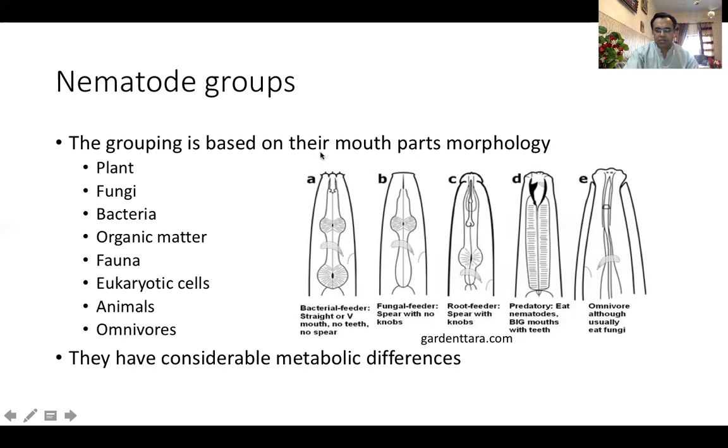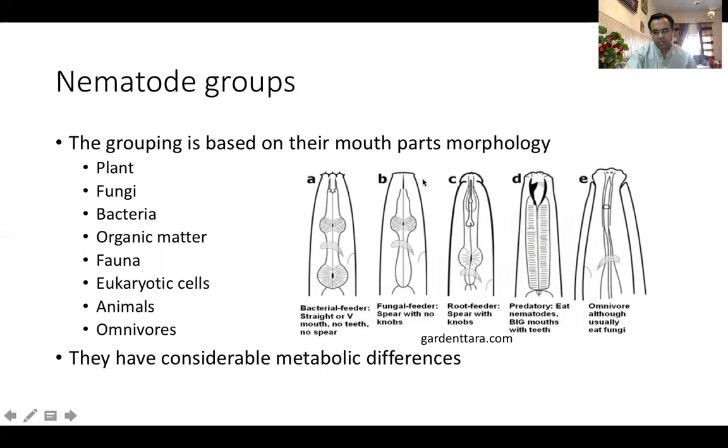Basically, the morphology of mouth parts are different for the different groups. For example, this is a bacterial feeder. This one is a fungal feeder.